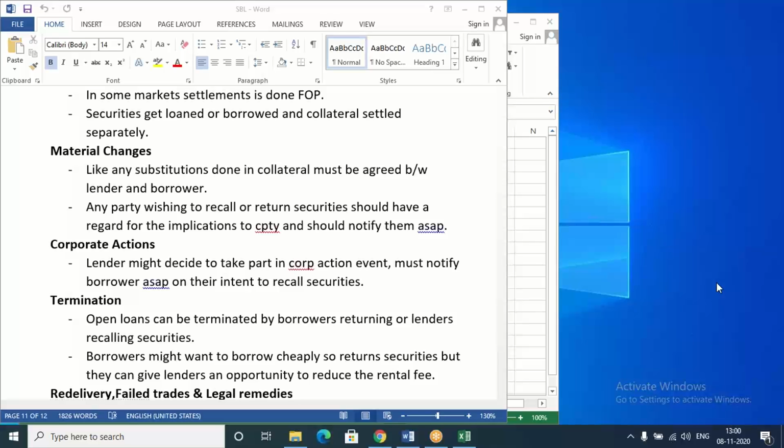Right? So I cannot suddenly one day wake up and tell Vatsal immediately, like, hey, I want to recall the securities. I have to give him at least a day or two of prior notification before I recall the securities before the value date. Is that point now understood? What it means by any party wishing to recall or return the security should have a regard of the implication to the counterparty and should notify them ASAP.